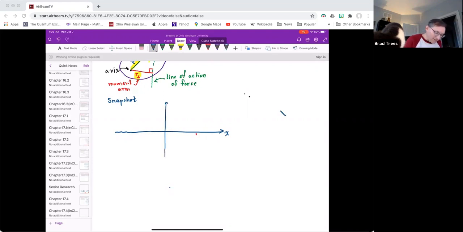And then perpendicular to that will be a y-axis, and that's the direction the pieces of the string will move, up and down, not left and right. And let's just say my snapshot looks like this. I'm not the world's best artist, as you know.